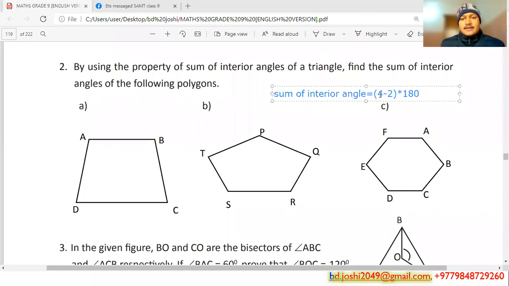So we have to put 5 here in place of n. And in the third figure, how many sides are there? 6. So we have to put 6 here, isn't it? So in this way, you will easily get the answers of question number 2.